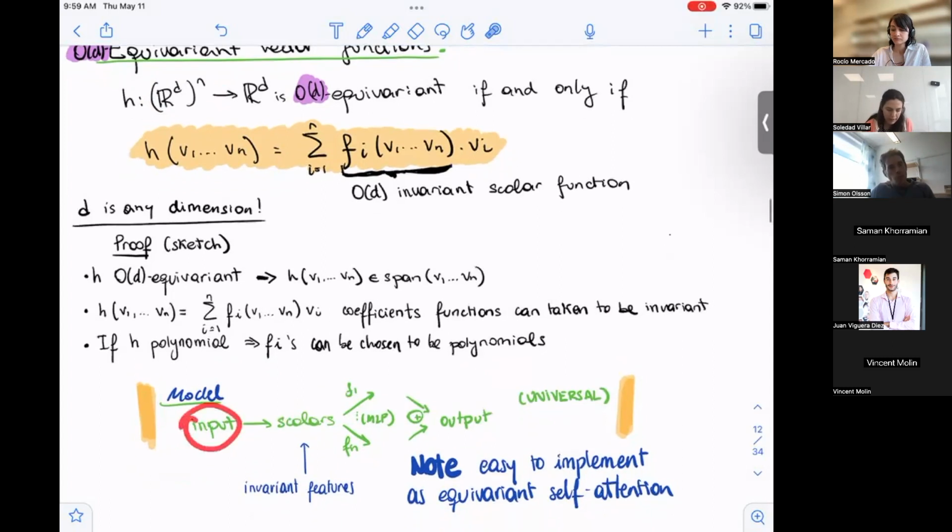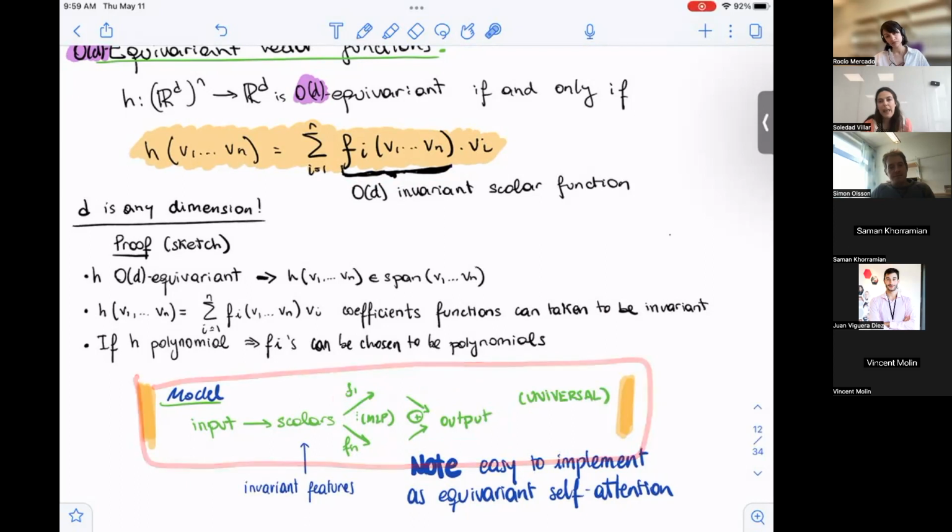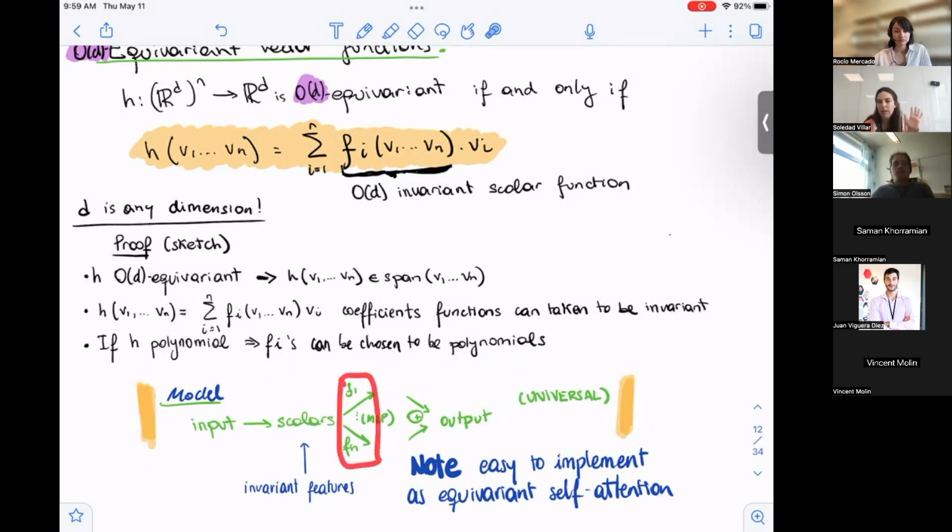You take your input vectors, construct your scalar features or your kernel, and then learn these invariant functions, which are going to be your coefficients, with MLPs or something like that. The output is just a linear combination of your input vectors with these coefficient functions. With this architecture, every function that you can express is equivariant, and every equivariant function can be expressed in these terms, under some assumptions, like if these things can be universal.